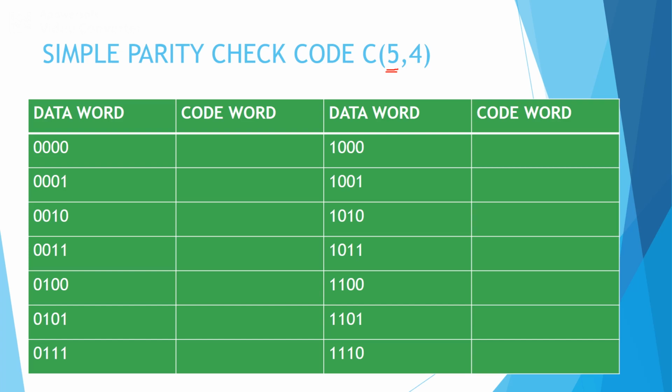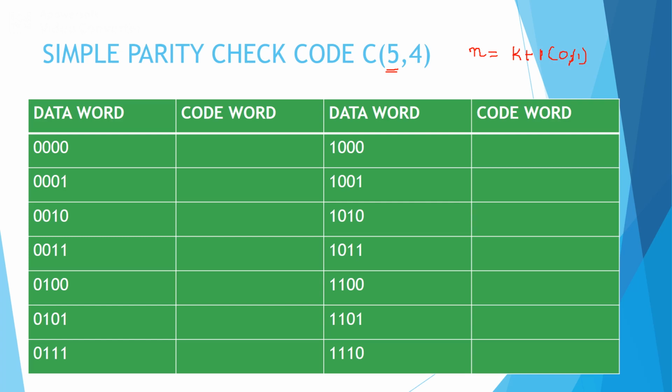We have to compute the code word for the given data word such that we maintain an even number of ones in the code word. The code word n is equal to k plus 1 extra bit, and this extra bit may be either 0 or 1, such that the number of ones in the code word is an even number.